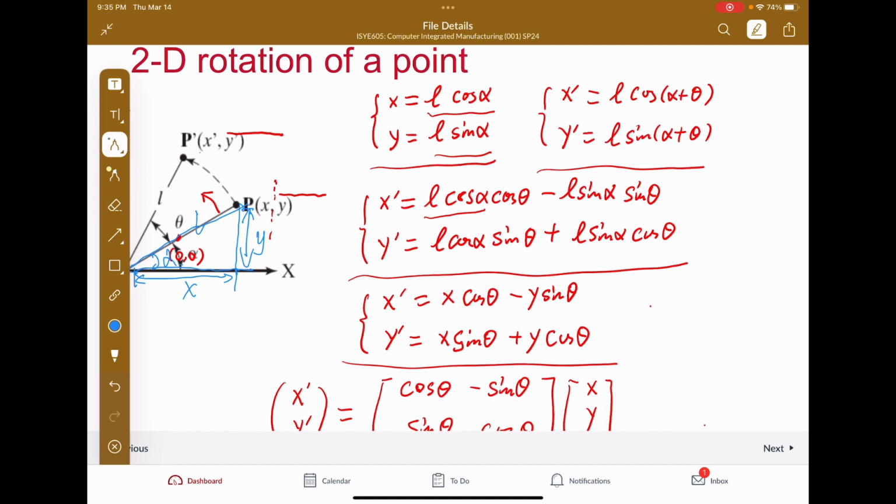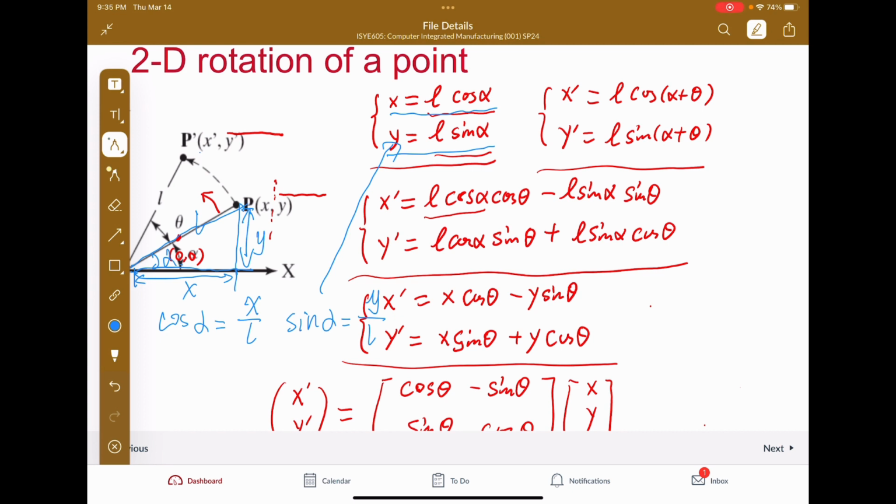Now, according to cosine and sine, we will have cosine alpha equal to x over L, and sine alpha equal to y over L. So based on this, we can get x equals L multiplied by cosine alpha, and y equals L multiplied by sine alpha.